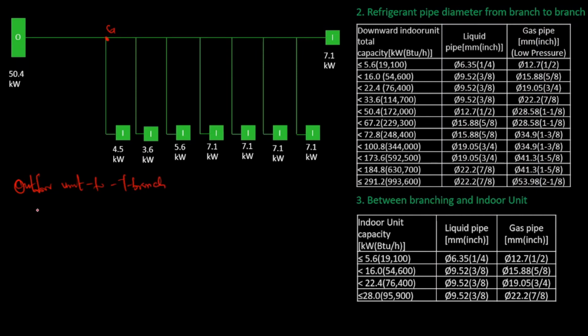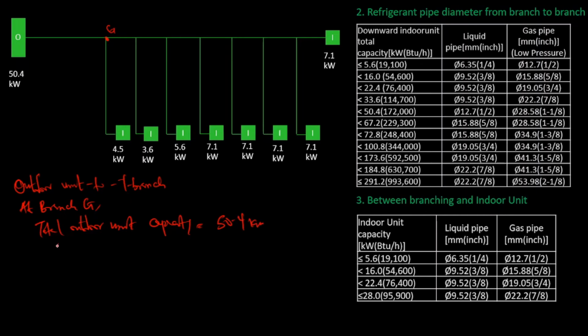and at branch G, the total outdoor unit capacity is equal to 50.4 kilowatts.